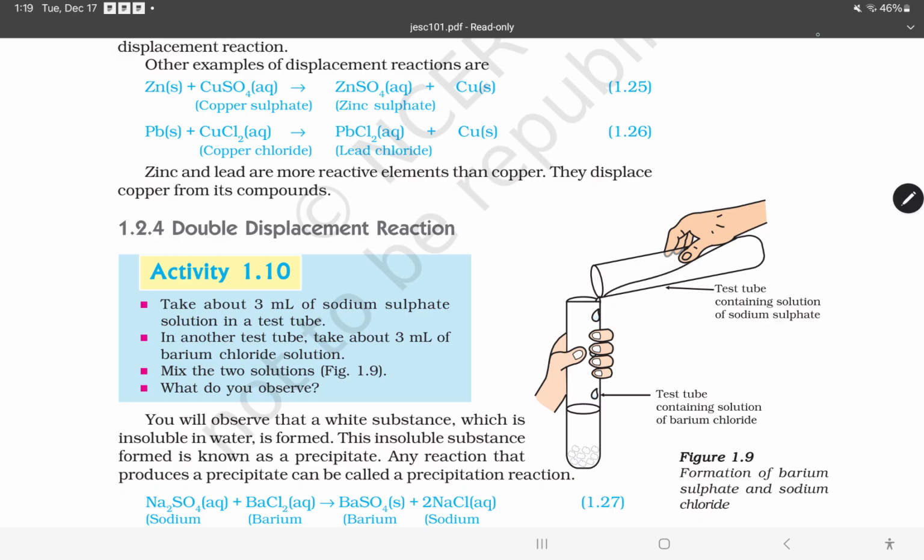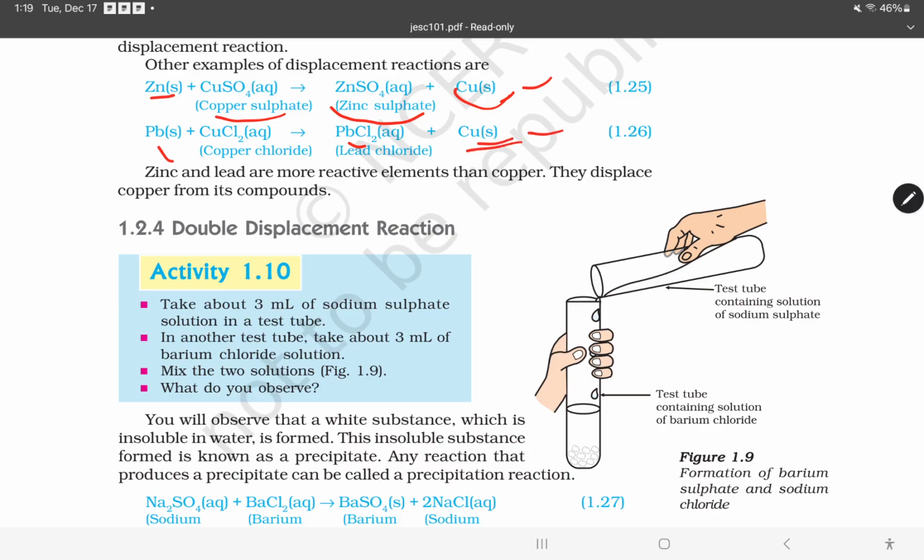Similar to the displacement reaction we just observed, we can observe other reactions also. So zinc in the solid form, if you put zinc granules in the copper sulfate solution, then also you will observe the displacement reaction, zinc sulfate solution will be formed and copper will come out as a solid. So even if you take lead and copper chloride, then lead chloride is formed and copper is coming out.